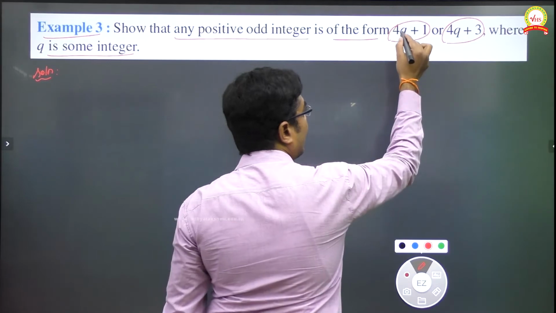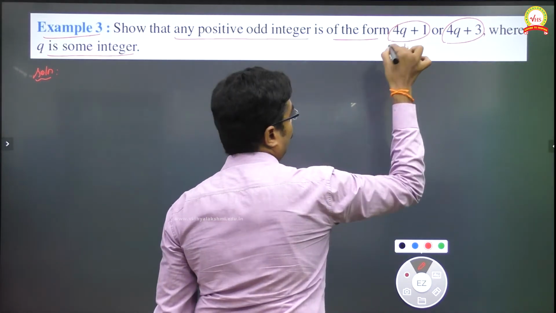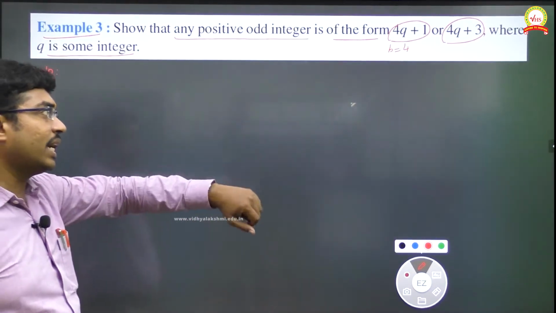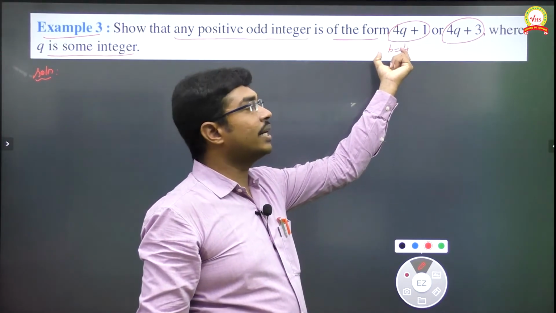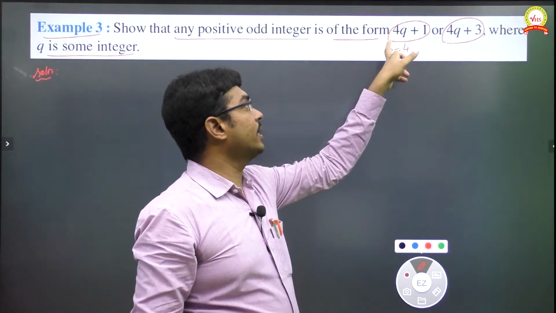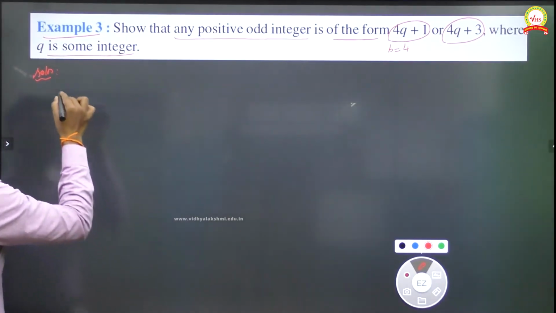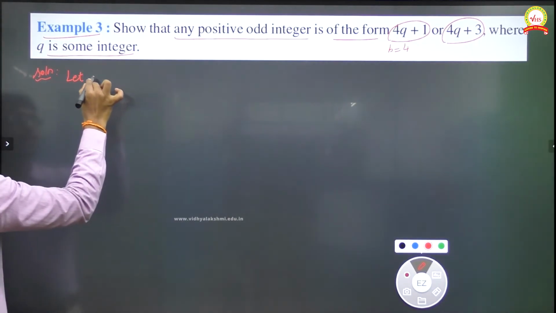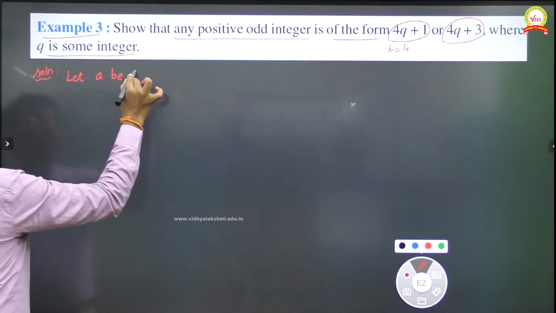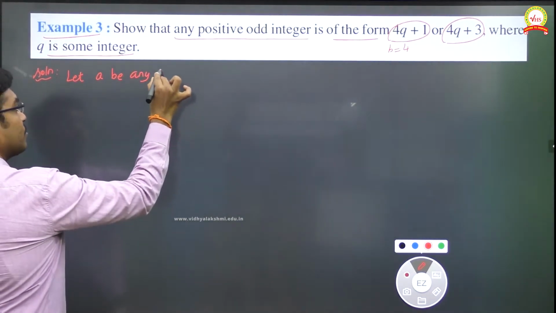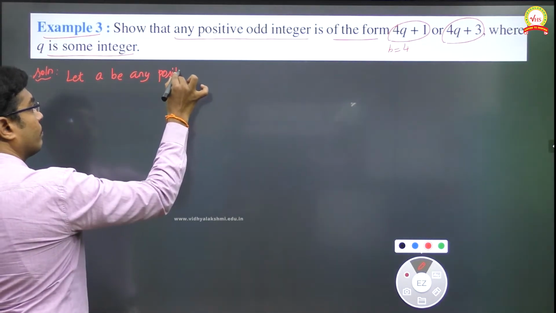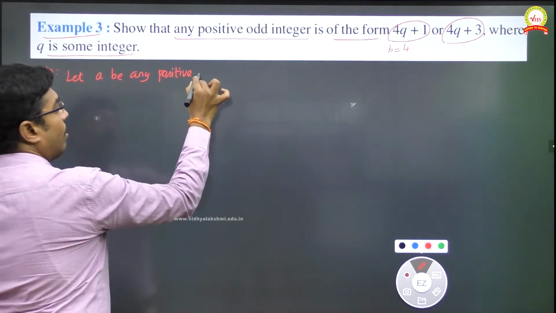It is clear, what is the divisor given? 4. Compare with Euclid division lemma. So, the remainder is 1 and the divisor is 4. So, let A be any positive odd integer.